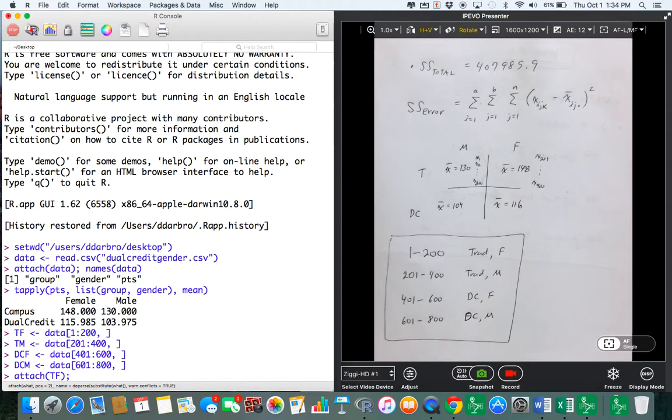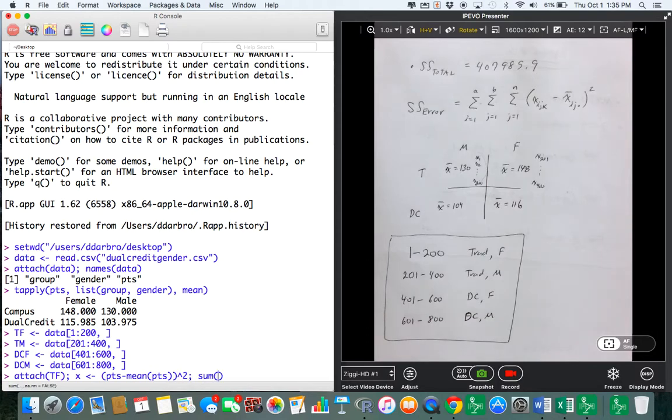I want to attach it, but then I want to do some stuff. So I'm going to call this command X, and what I want to do is take the points in that particular data frame, just for the first 200 subjects, minus the mean of the points just for those, and I want to square those.